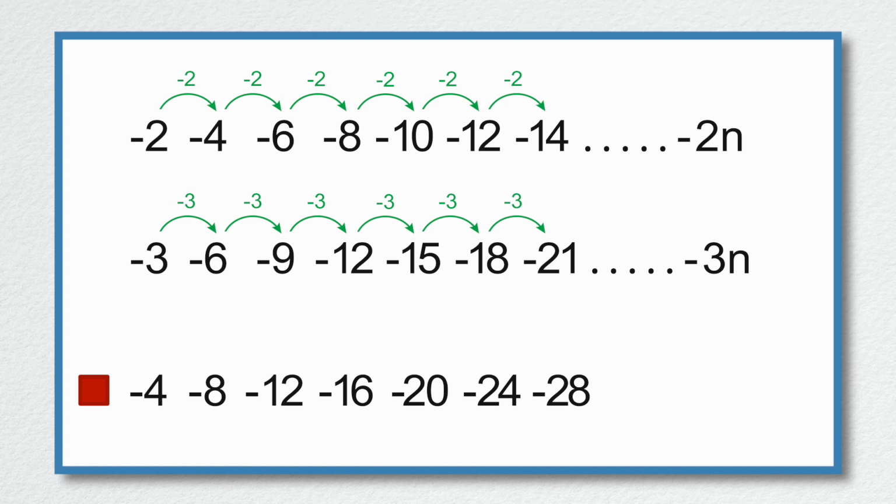And this is the 4 times table, except each term in the sequence is negative. So our nth term, instead of being 4n, will be -4n. So we're going to use this information to find similar arithmetic progressions. And this works exactly the same way as we did in the previous video.